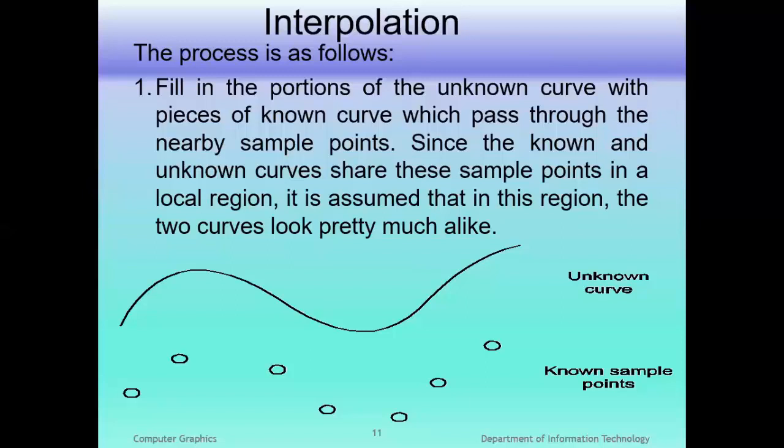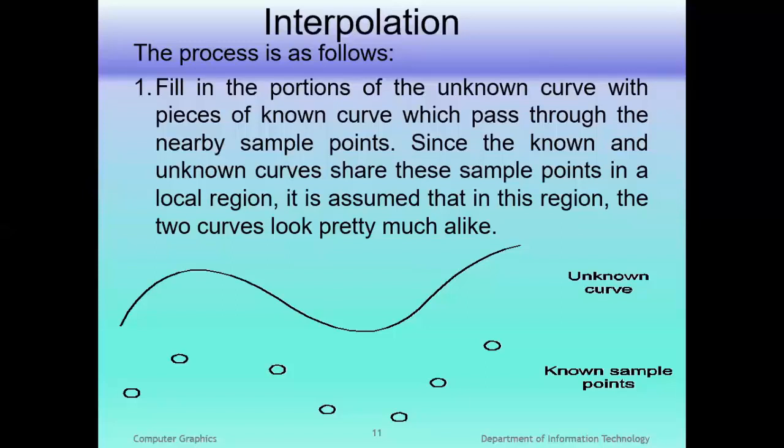We can fill the gaps between the sample points. For this, we have to find the coordinates between two sample points on the curve, and then connect these points by using small line segments. The process can be followed.